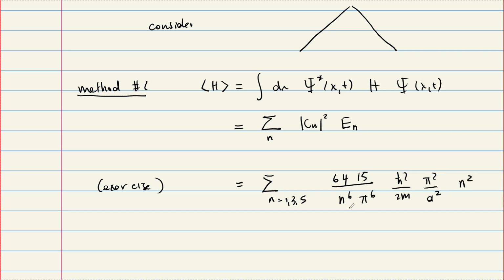Now you have a series to sum: n squared times 1 over n to the 6, so 1 over n to the 4th, over odd numbers. You can also put it in Mathematica, and it gives you the result in no time. In my notes I found h bar squared over m a squared, which is the same as method 1.